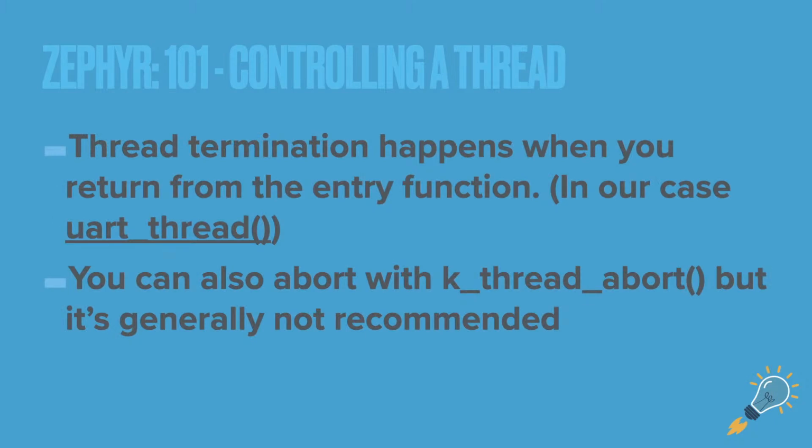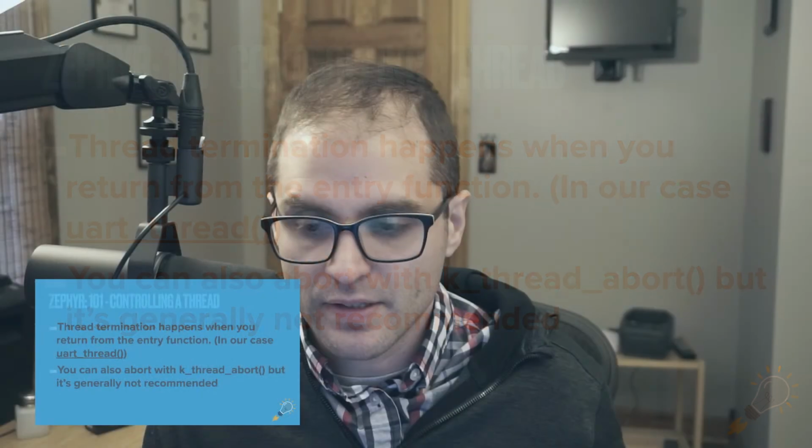One thing I mentioned earlier was the thread termination. That happens when you just return from that thread function, or they call it the entry function. In this case, it's our UART thread. You can also use the k_thread abort function, but that's kind of like a sledgehammer. It'll totally stop it in its tracks, and it doesn't gracefully deallocate anything.